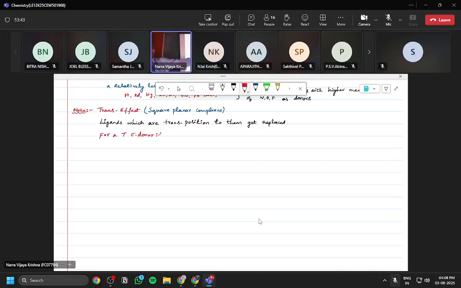For a trans sigma donor means that the complex is forming a sigma bond and it is showing trans effect, right? Same way for a pi acceptor. Among pi acceptor ligands, it is showing trans effect, right? Now, there is one series, the nephelauxetic series also we need to discuss, I think.